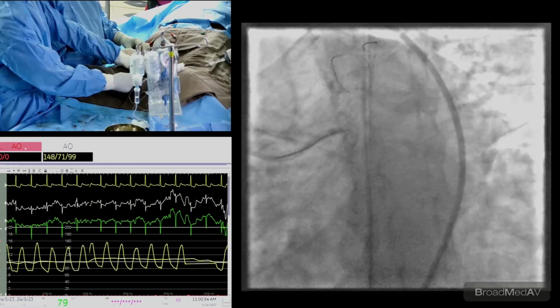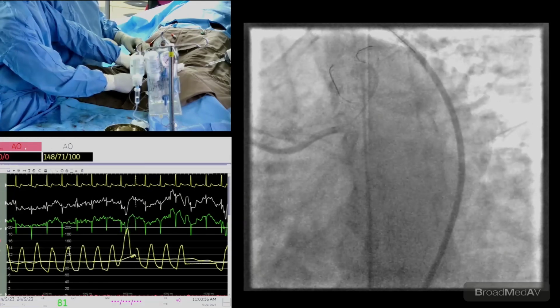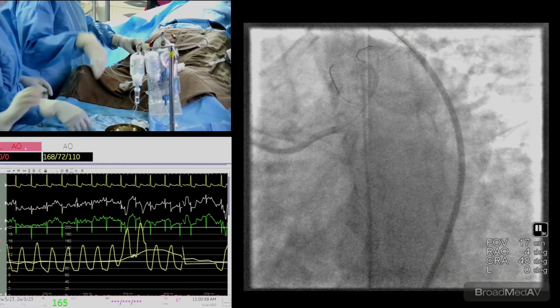Guide is directing to the circ, so I need to give a little bit of a curve.